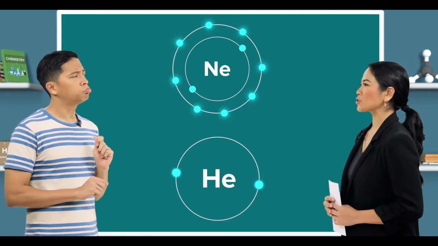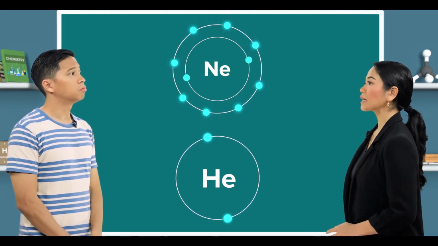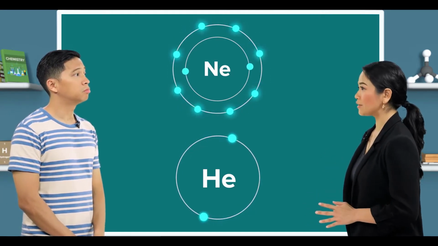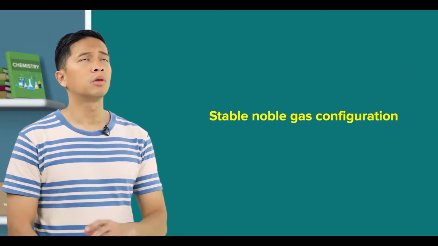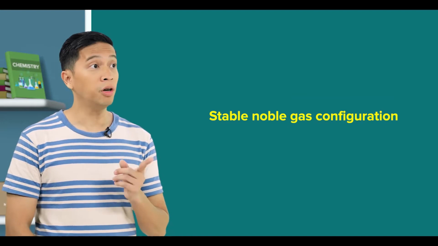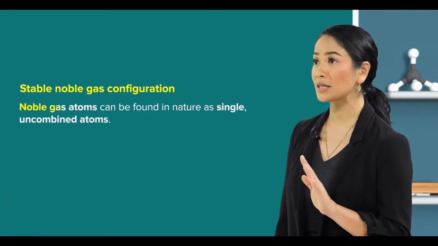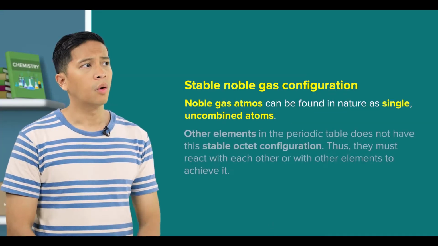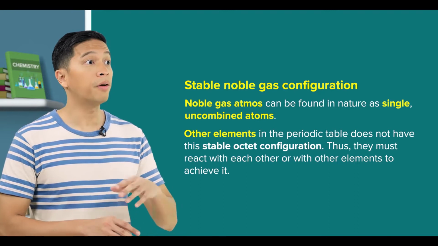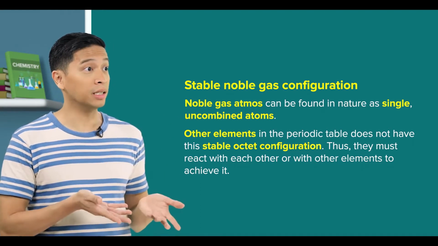Atoms with 8 electrons in their outermost electron shell are very stable, and we call this electron configuration the stable noble gas configuration. Got it? In nature, we find these noble gas atoms as single, uncombined atoms, while all the other elements in the periodic table do not have this stable octet configuration.